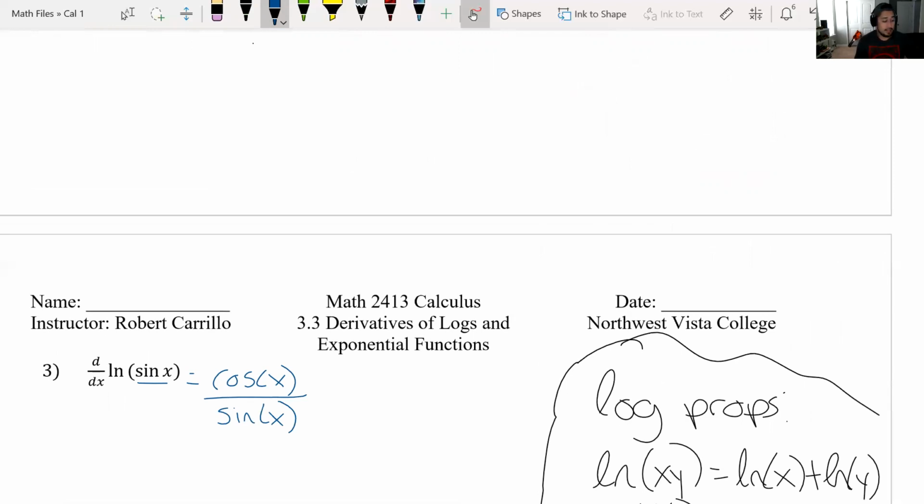That's it. But now let me ask you, what's cosine over sine's identity? Cotangent, that's right. Good job, guys.